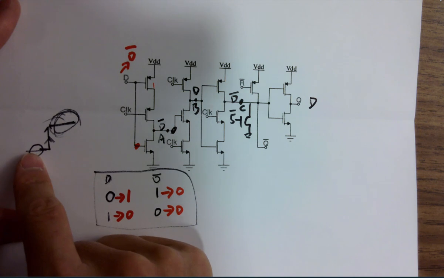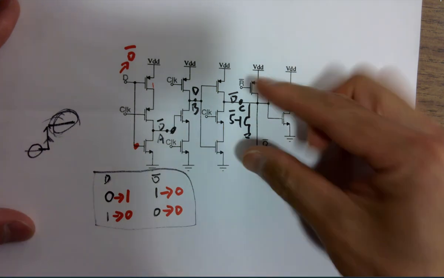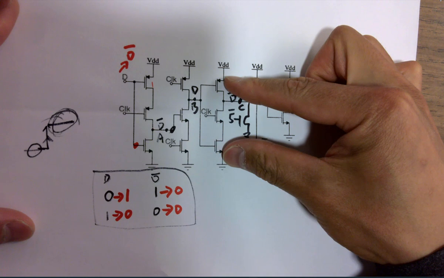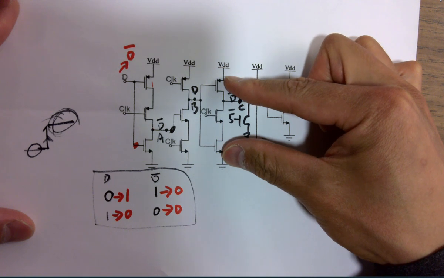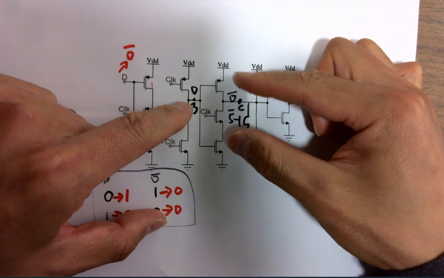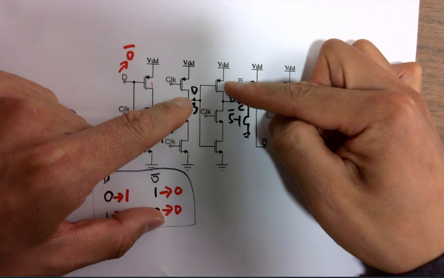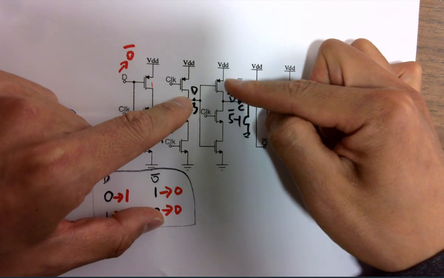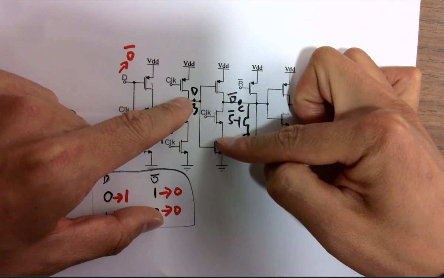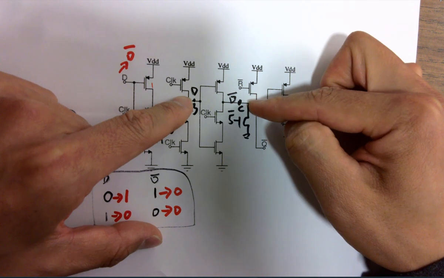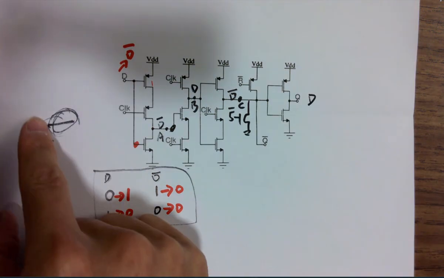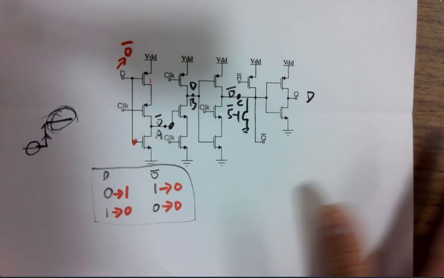When clock is 0, this is on, so this is off. And this is disconnected. So your node C will be memory. And at the rising edge, it does the following.